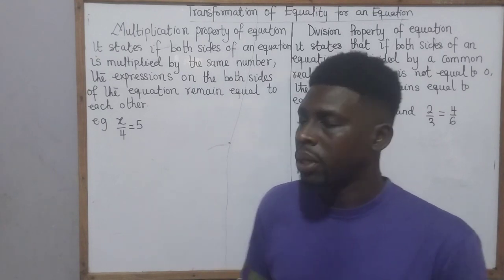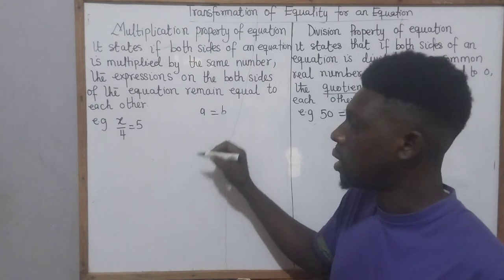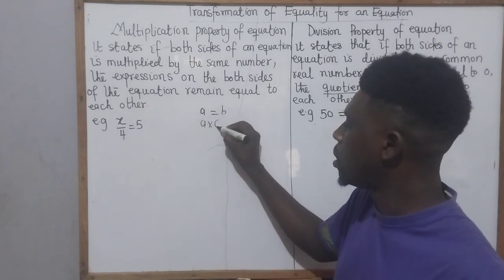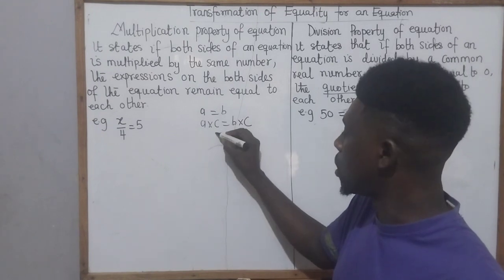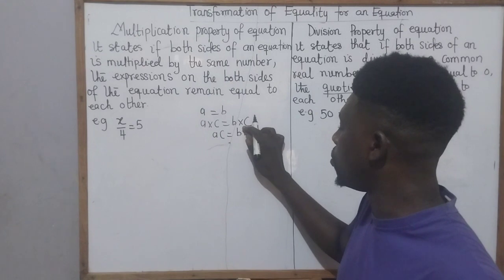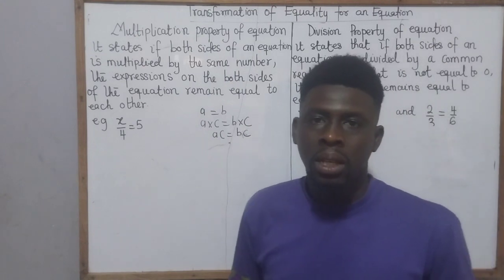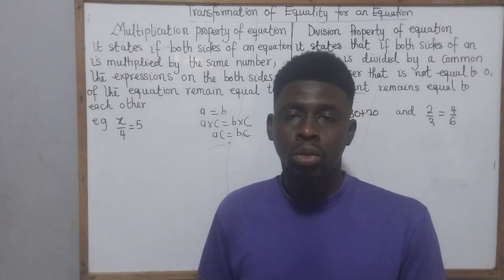This can be expressed as: if A is equal to B, then A times C equals B times C. That is, A times C will give me AC and B times C will give me BC. The equality will still remain true.